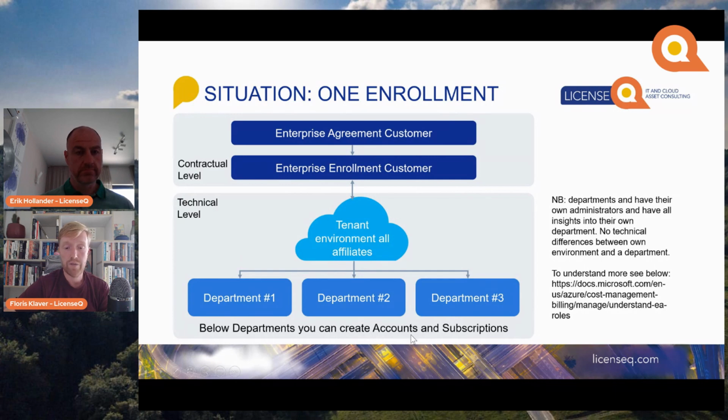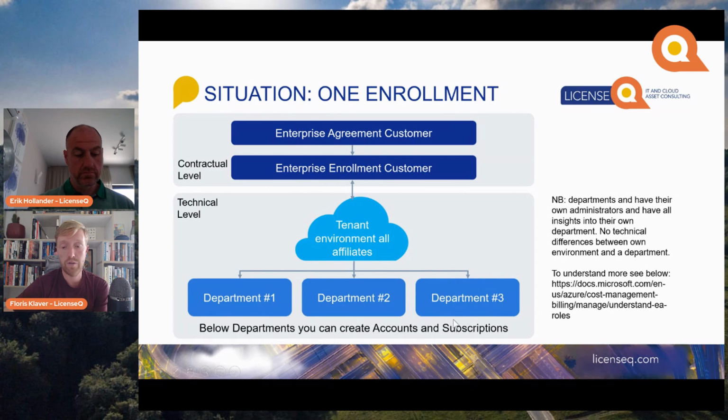Below departments, you have another level of granularity, accounts and subscriptions, and those accounts and subscriptions have their own administrators, for instance, as well. But what you're doing essentially here is you have one overarching technical environment that will probably have one single administrator or a couple, but you set up each affiliate in their own department, meaning that they will see this as the highest level of granularity for themselves.